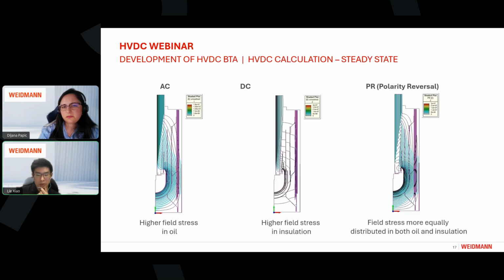This is because of the ratio of the permittivity. In the middle is the DC case, where the conductivity of the material is driving the design, and in this case the field is concentrated inside the material.